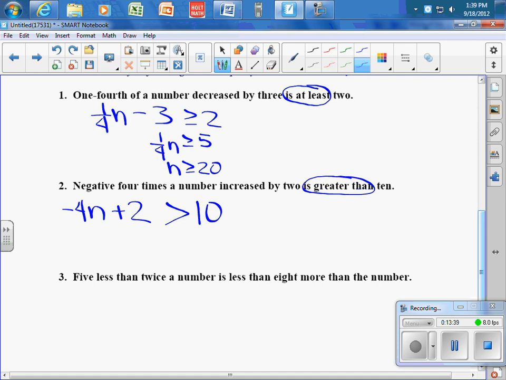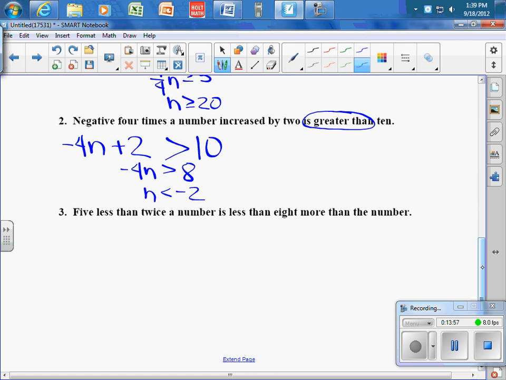We're going to reverse the inequality sign at the end. So subtracting 2 from both sides, -4n is greater than 8. Dividing both sides by -4, n is less than -2.